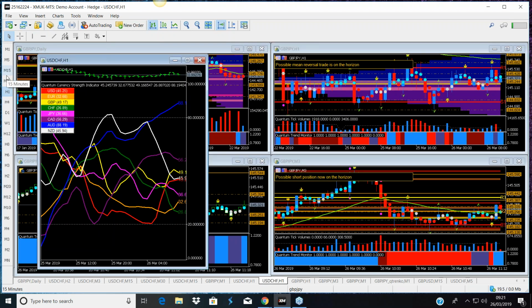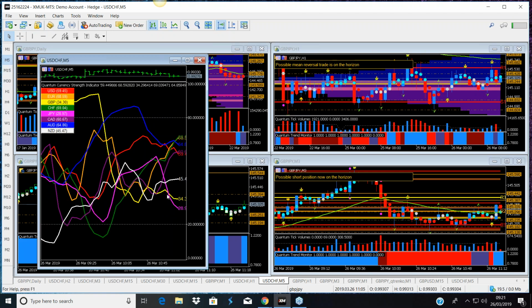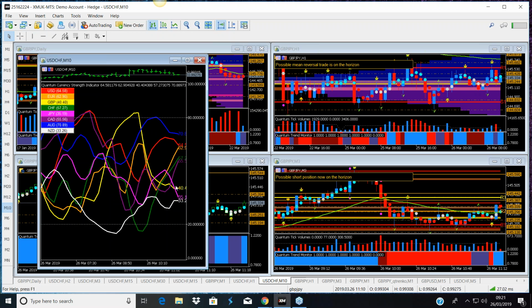While David was speaking, I was looking at the CSI, and I went to the 5-minute chart, and there wasn't strong divergence. Then I looked at the 10-minute up here. Here we are. Now we're seeing a little bit of, I wouldn't say divergence so much on the pound yen, but we're seeing some selling coming into the yen.